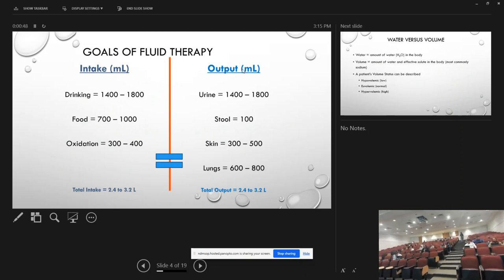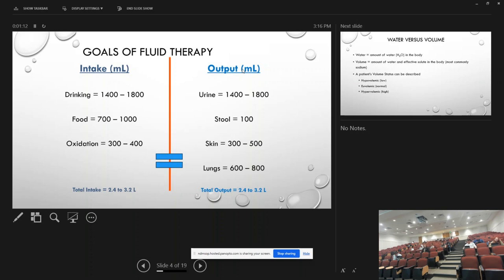Those should remain equal in general. You're taking in about 1,800 mL of fluid every day in water or other fluid. From food, up to 1,000 mL of fluid. Then oxidative processes, close to 400.